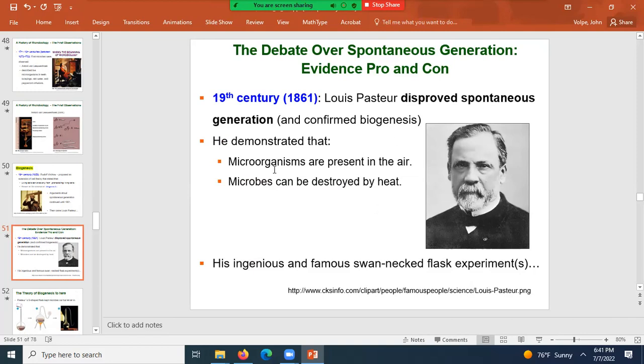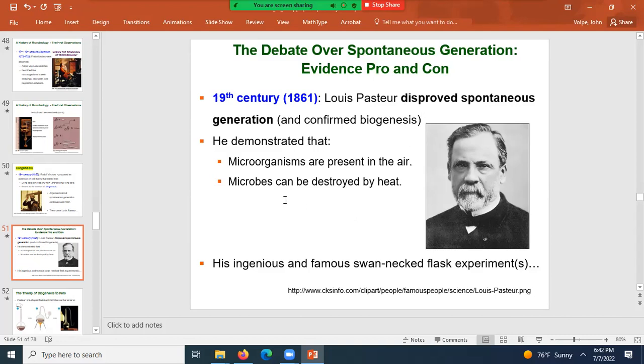First, he showed that microorganisms are present in the air. And so if you make a tube and then put media in it, and then even if you cap it, the microbes can fall into the tube from the air, and then they can grow in the tube. So they did not necessarily spontaneously generate, they fell down from the air.